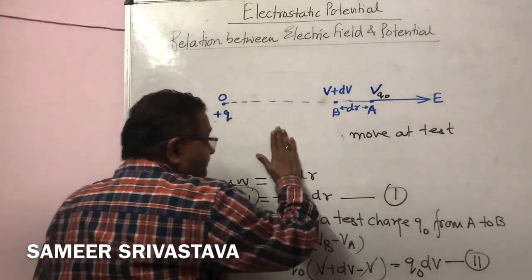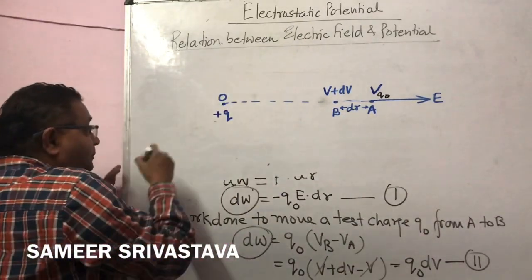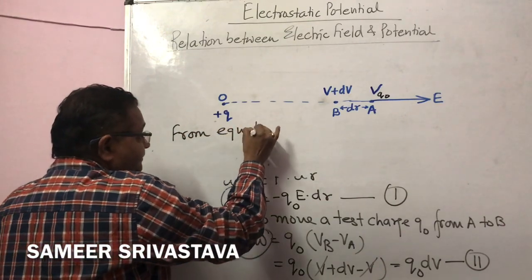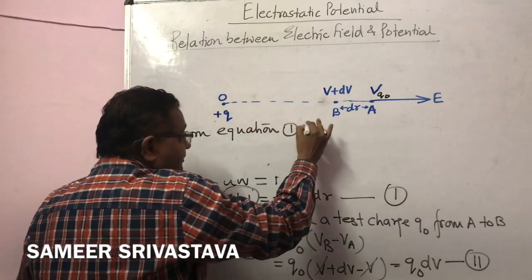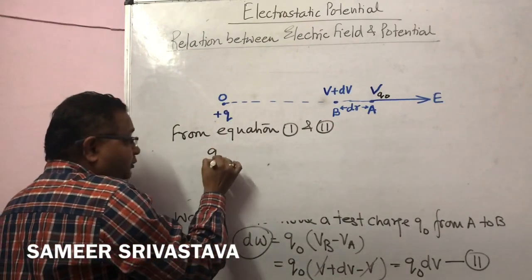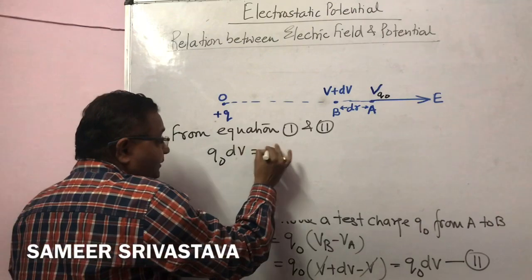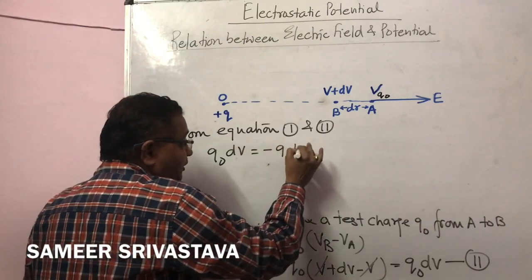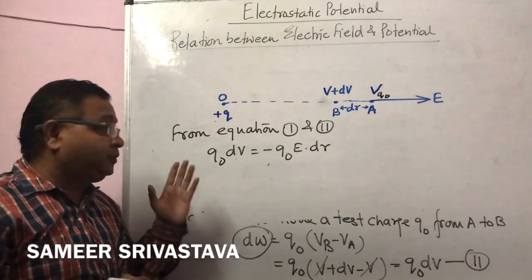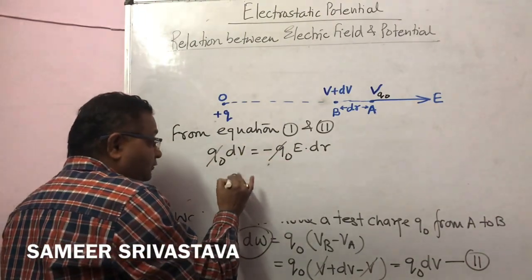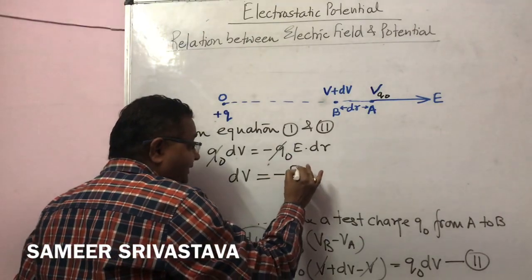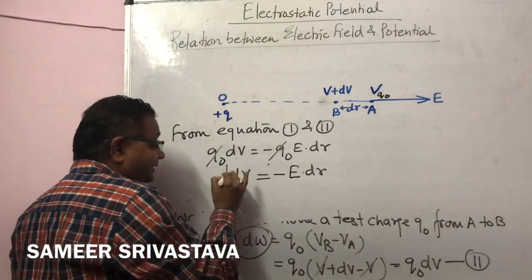From equations 1 and 2, we can write Q naught dV is equal to minus Q naught E dot dr. Now Q naught cancels out. What formula do we get finally? dV is equal to minus E dot dr.